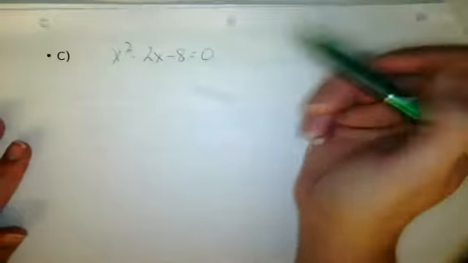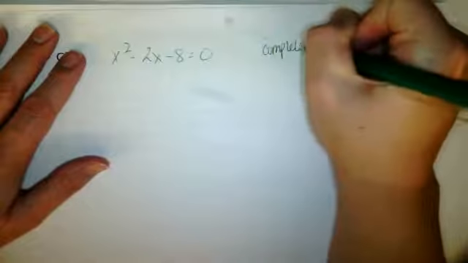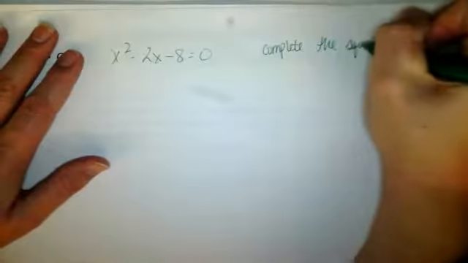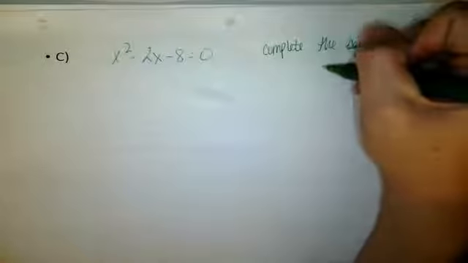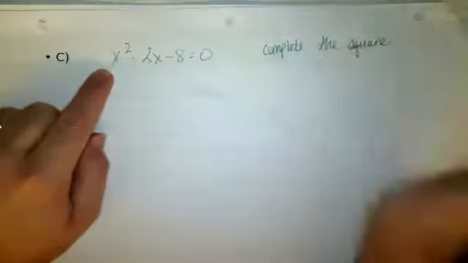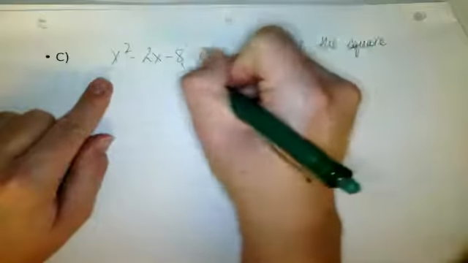All right. x squared minus 2x minus 8 equals 0. Okay, let's again refresh our brain on how to complete the square. What's the very first thing you must do to complete the square? Divide by a. Good. Our a value is 1, so I can skip that. Good. What's the very second step then? Move the constant.